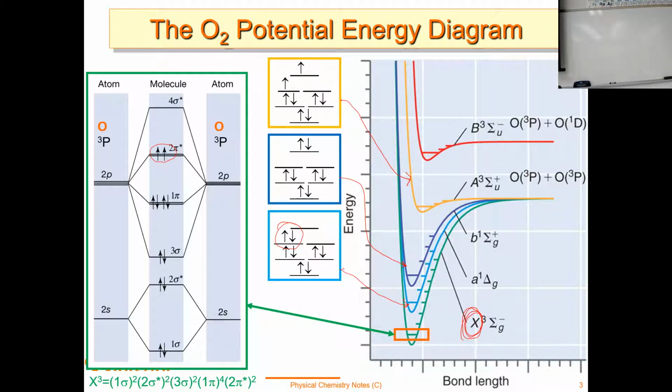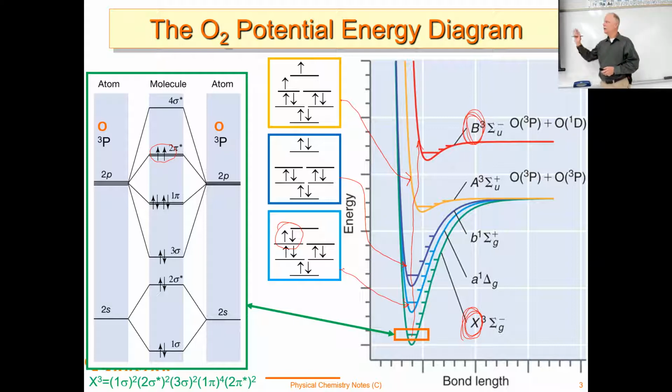And in iodine, we're going from the X state to the B state. So we're going from here straight up to there, and that's in the visible region. So for iodine, we're going from X to B. And we'll see that in a second.